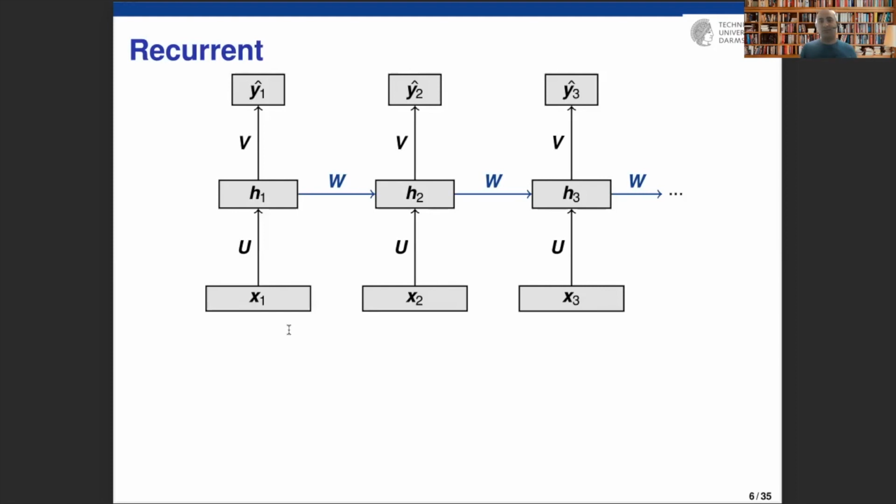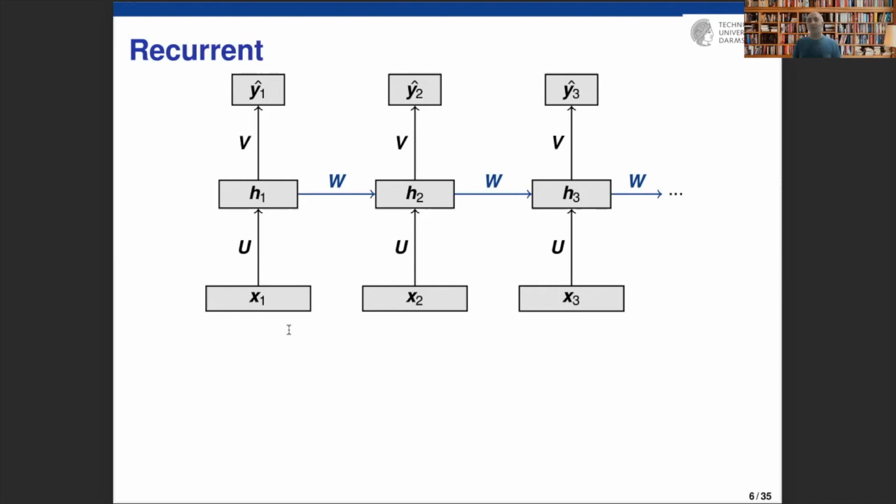So if x1 is the first symbol, or let's say for simplicity, x1 represents the first word, or the word embedding of the first word, we give it to a feed-forward neural model. So we have H1, and then we get the output for this token, or the embedding representation, or a vector representation for this token.